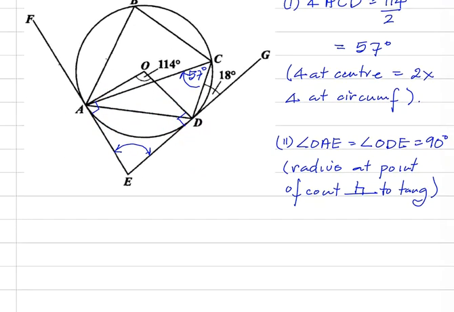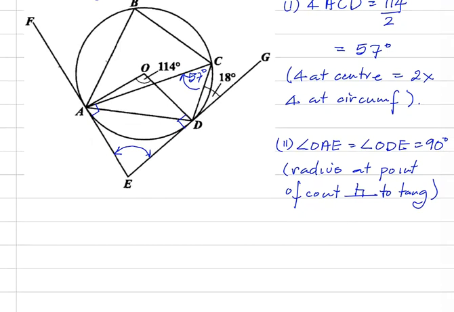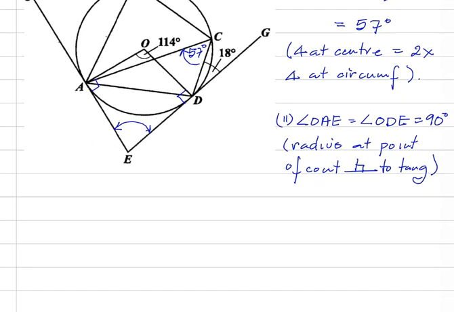Now OAED is a quadrilateral and the angles in a quadrilateral add up to 360 degrees. So angle AED would be equal to 360 minus 90 plus 90 plus 114 degrees.